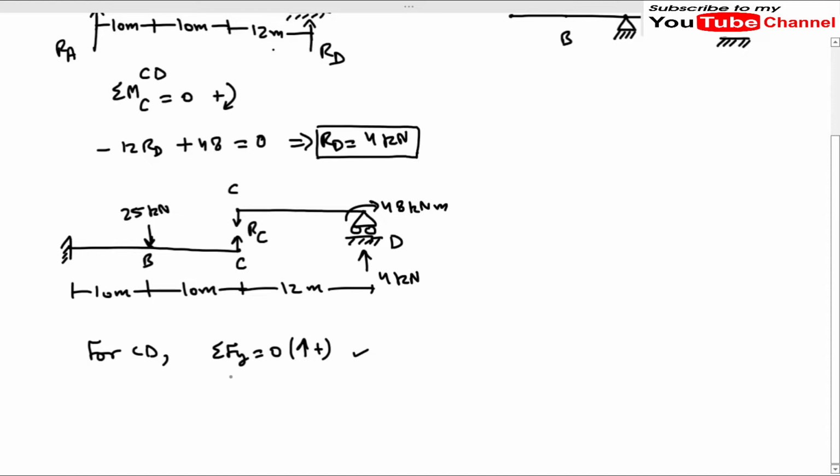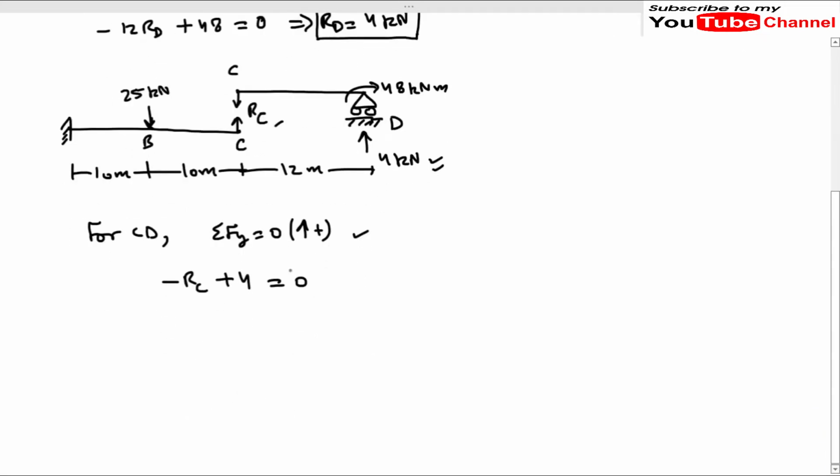For this segment CD, RC is acting downward, as we have assumed. So minus RC plus 4 kilonewton, which is this reaction at D, is equal to 0, because there is no vertical force other than these two forces in the portion CD. So from here we will get the value of RC as 4 kilonewton.